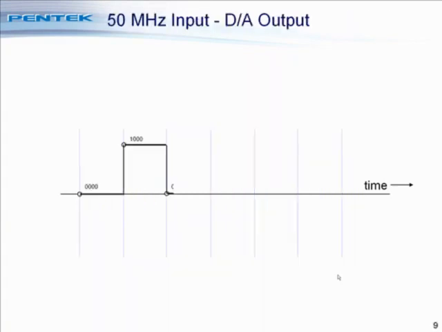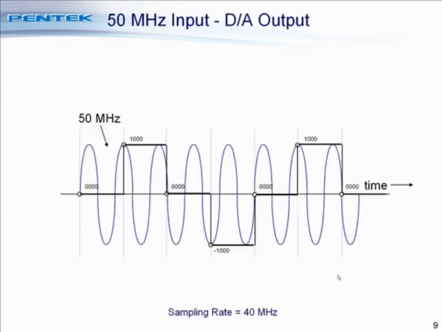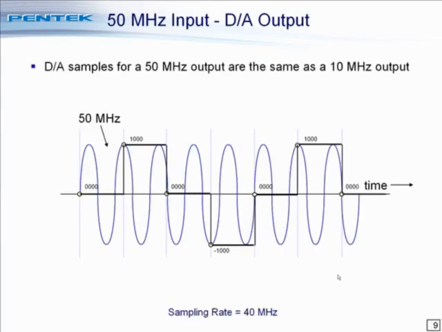And with the D to A output, that same sample sequence contains samples that deliver a component of 50 megahertz output in the analog output of the D to A converter. So you can see there's a little bit of confusion. What do those samples that we see really represent? A 30 megahertz, a 50 megahertz, or a 10 megahertz signal?